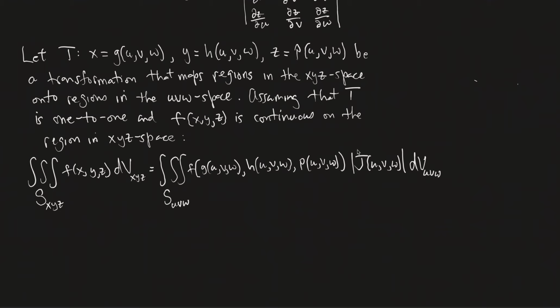And then here's the key piece right here. That same thing that we had to do in the double integral also shows up in the triple integral: it's the absolute value of the Jacobian. And notice the triple integral on the left is in terms of x, y, z, and the triple integral on the right is in terms of u, v, and w.